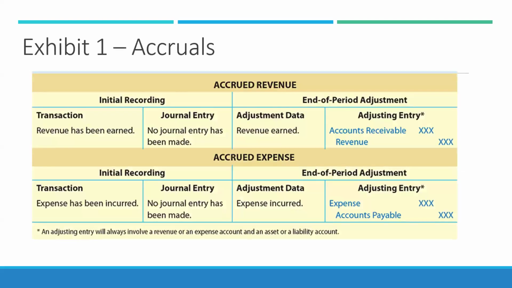So know that for an accrued revenue, during the year, we've not put anything in, which is why at the end of the period, we need to show that revenue was earned by debiting accounts receivable and crediting our revenue. Now, for accrued expenses, we will debit an expense and will credit a payable.